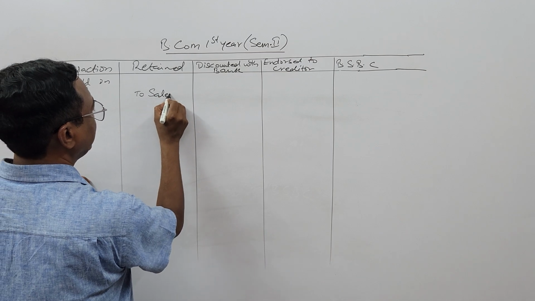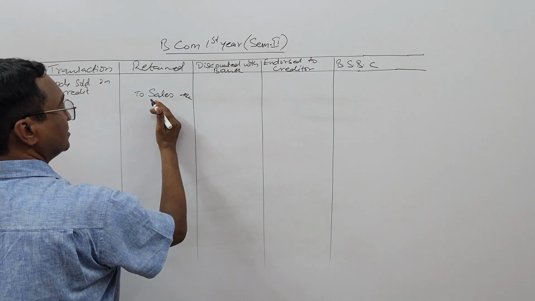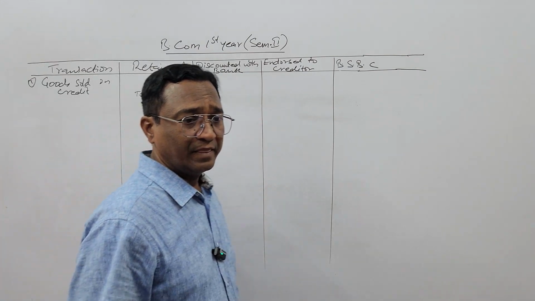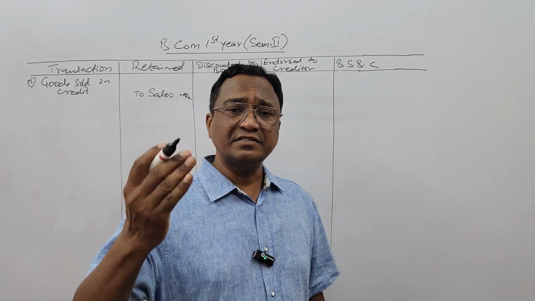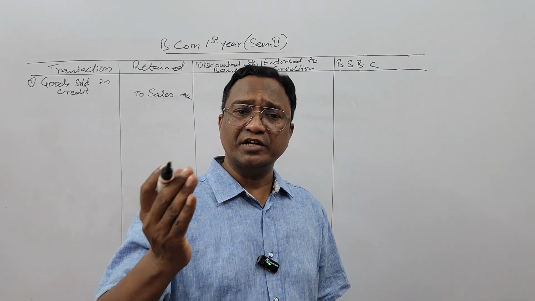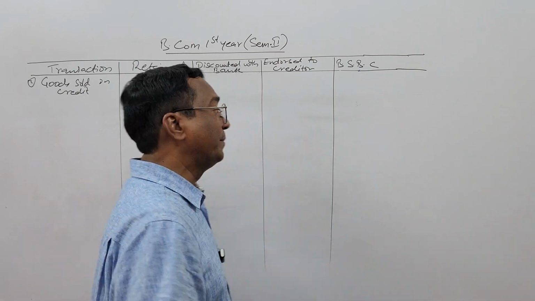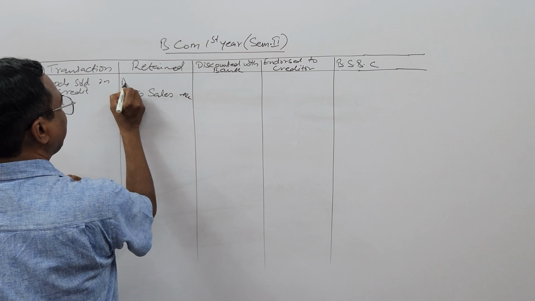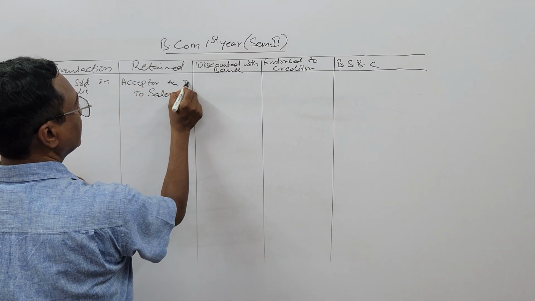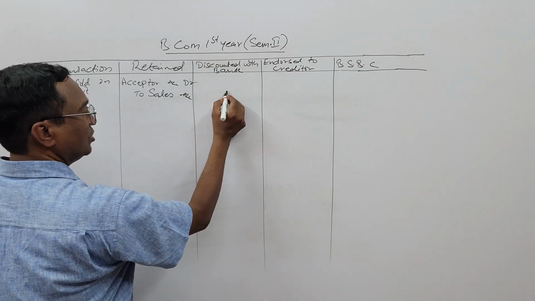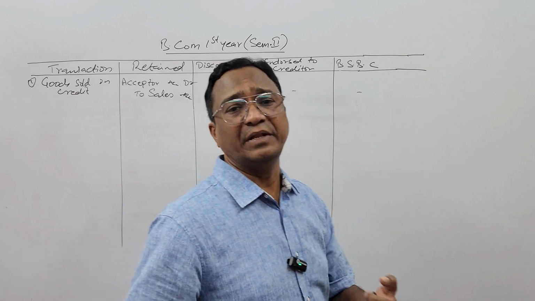Instead of writing goods, we write sales, as you already know about the journals. And here the person who is receiving is the acceptor or drawee or the customer. Customer is related with the personal account rule. The personal account rule says debit the receiver, credit the giver. The person who is receiving will be debited, who is called the acceptor. Clear? No entries in this because these entries you will get after you receive the bill.